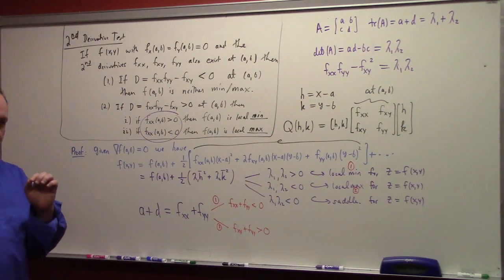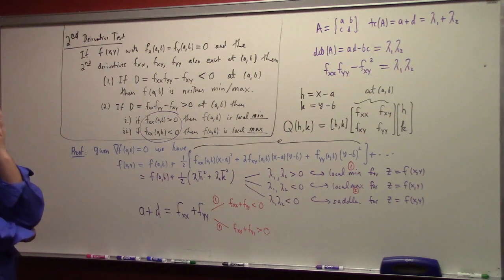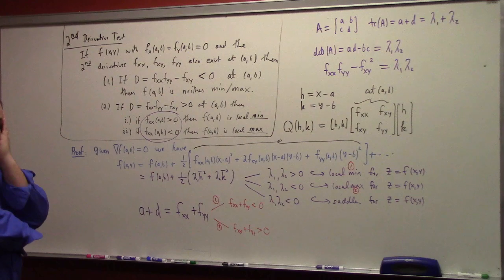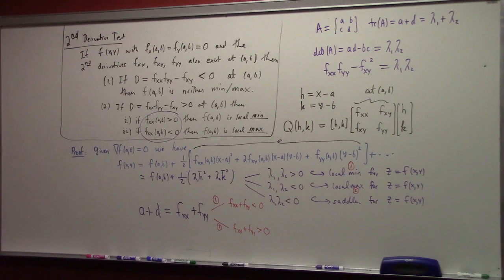Notice that, well, suppose they had a different sign. Suppose that the signs of fxx and fyy were different. What if one was positive and one was negative? Would that be a problem? I'm not sure I see it right offhand, but if we study it carefully, we can see that they both have to have the same sign.